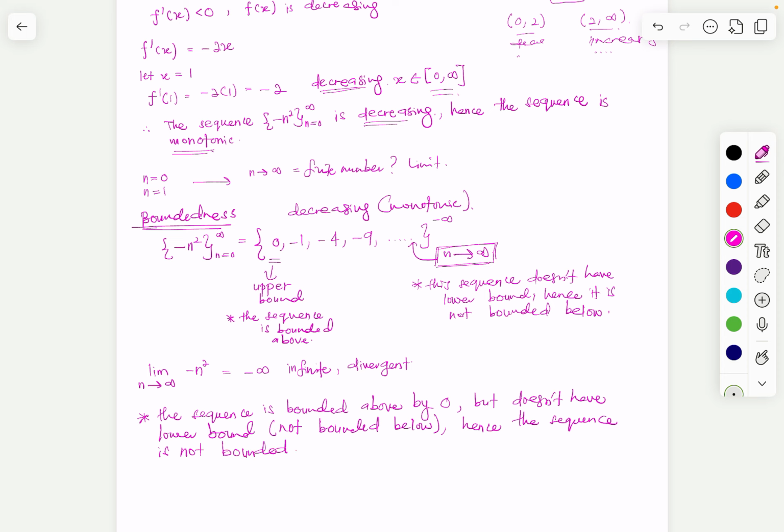Okay, not bounded because it doesn't have both bounded above and bounded below, so it is not bounded.